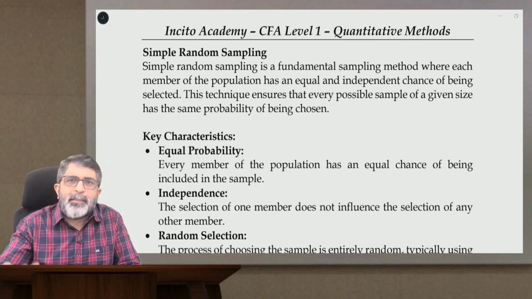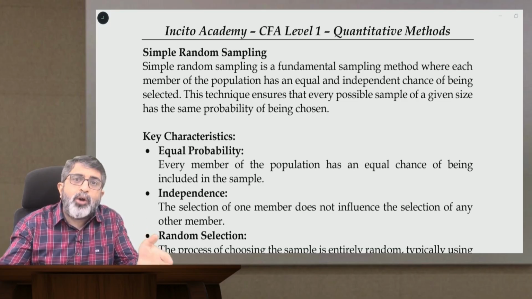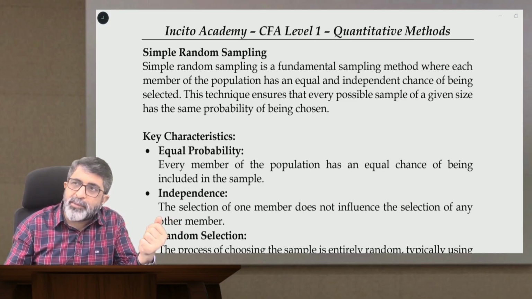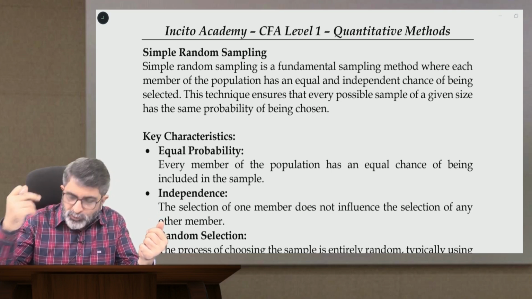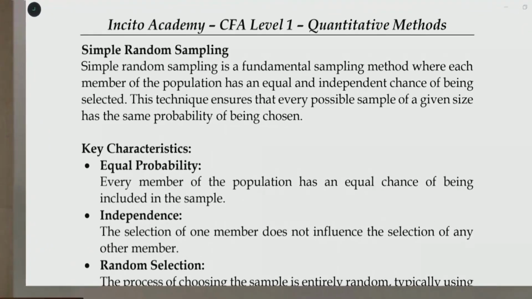As I gave you that example of picking 20 names out of those 500 names, it is simple random sampling because you are simply making a random selection. So let us read about this first.